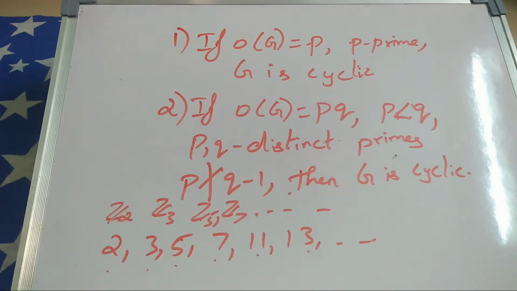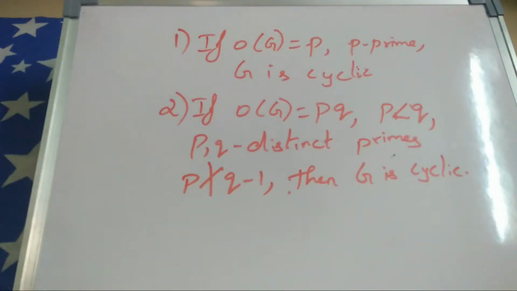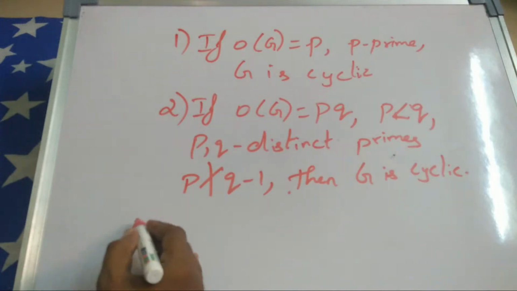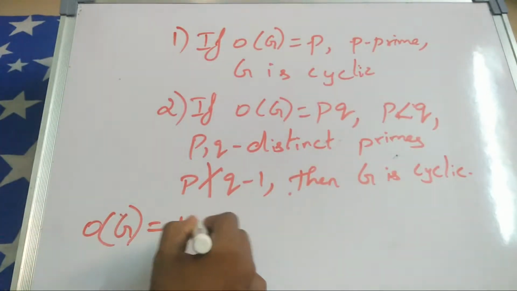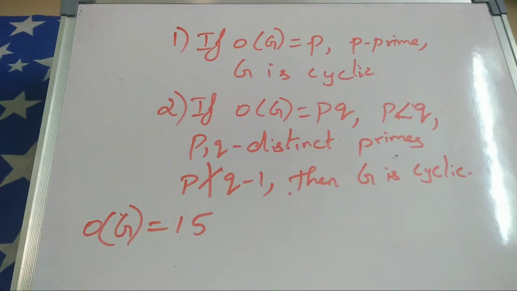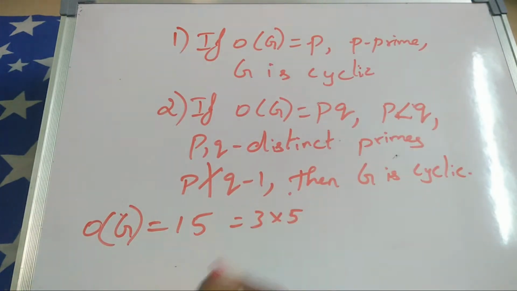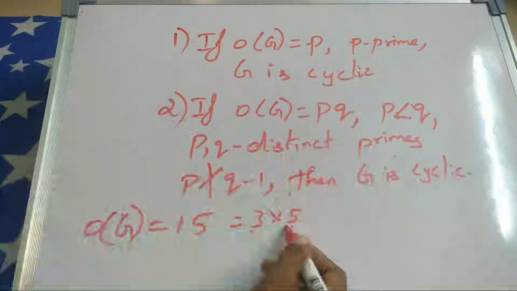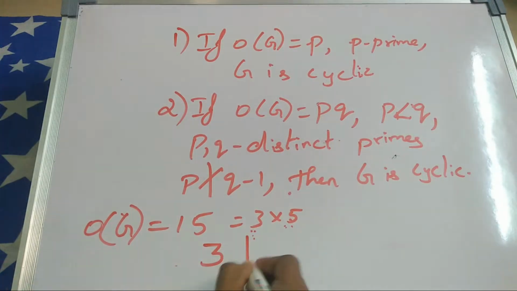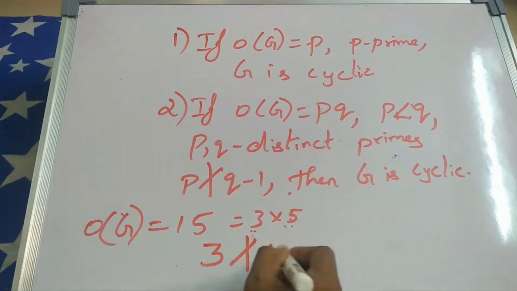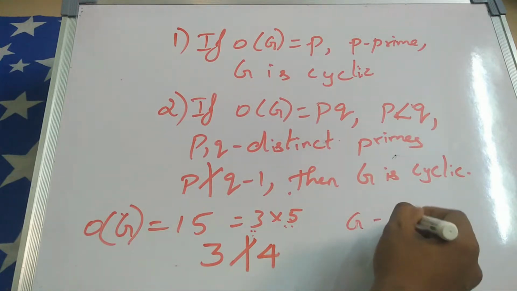Now for the next one, please consider G to be a group whose order is say 15. So here I can write 15 as 3 into 5. P and Q both are distinct primes and P is less than Q. Here 3 does not divide 4 clearly, so G will be cyclic here.